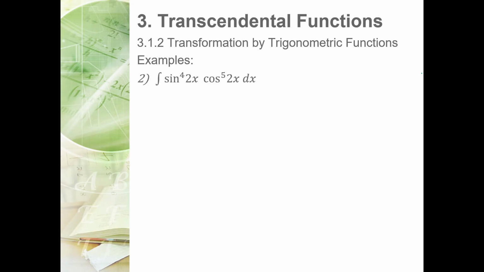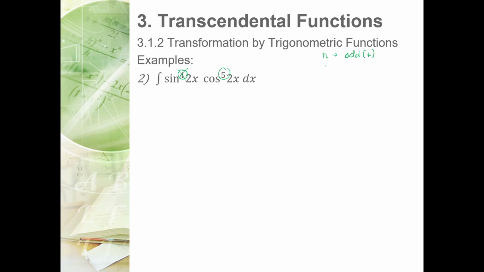Again, if you try to observe our exponents, the m exponent is even, so we cannot utilize this one. But the cosine exponent is odd and positive. That's the n parameter, meaning n is odd and positive.